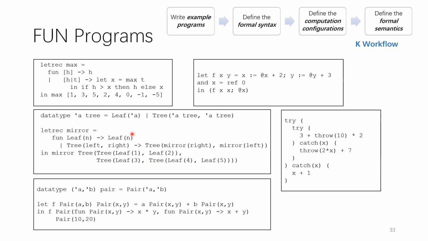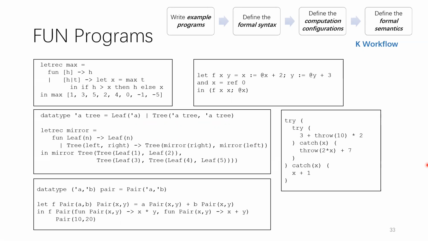It declares a data type tree, and the type is polymorphic, right? So it can take a type variable, and there are two constructors, one for leaf and one for the binary tree, the internal node. The leaf takes data of type A, and the tree takes two trees whose types are A tree.